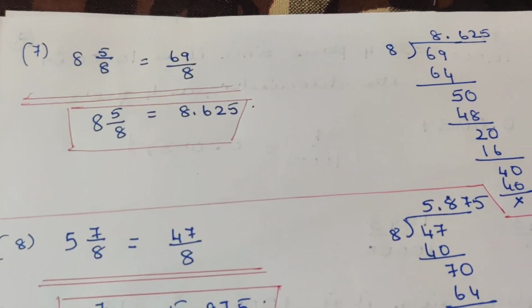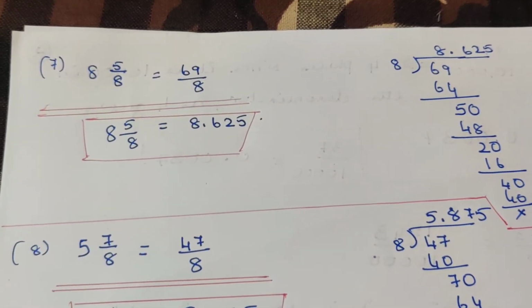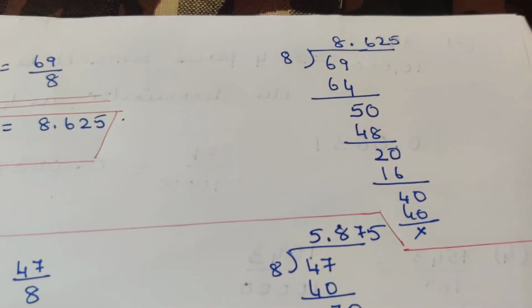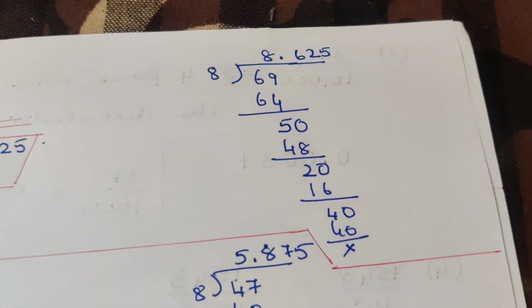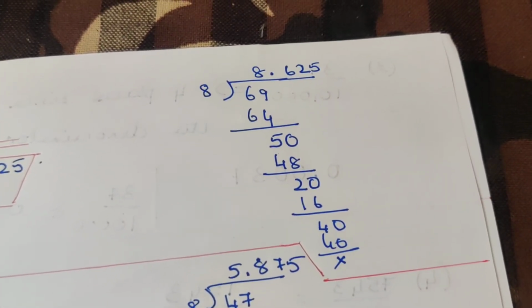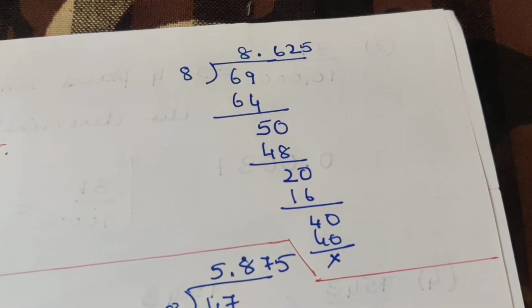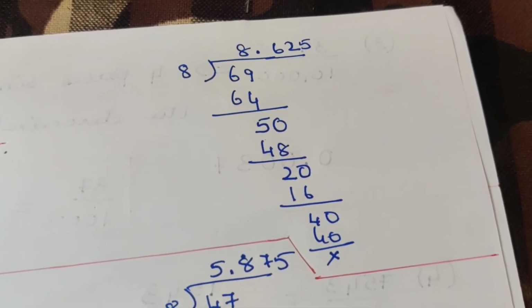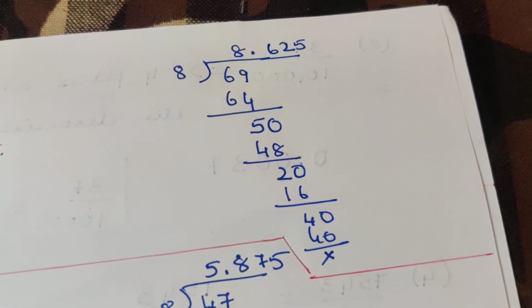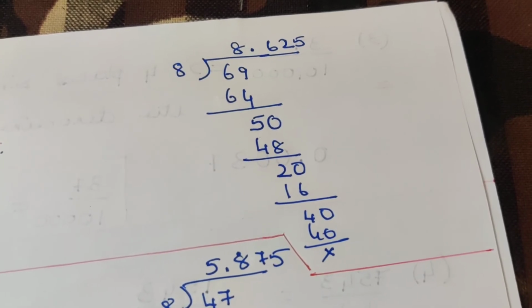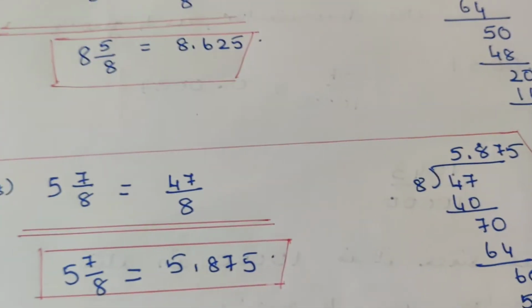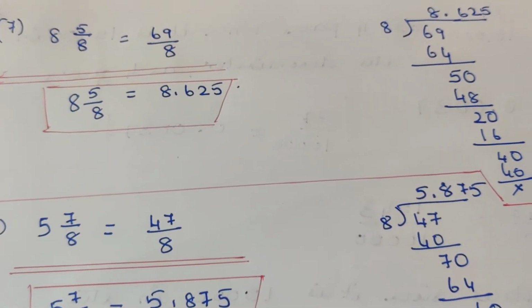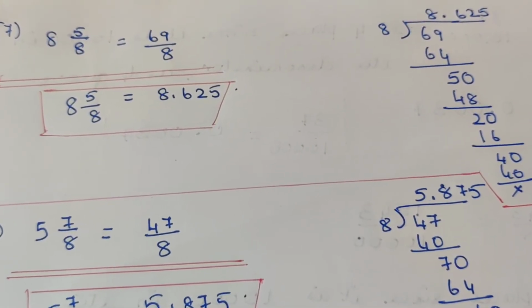Next one, 8 5 by 8. When you convert this, you get 69 by 8. Please follow the division that I have done. Therefore, 8 5 by 8 is nothing but 8.625.